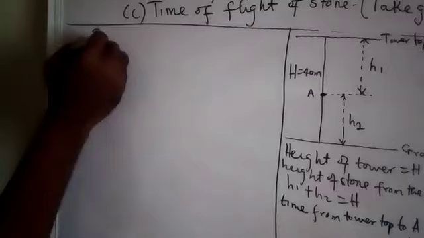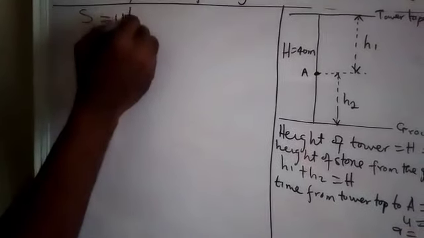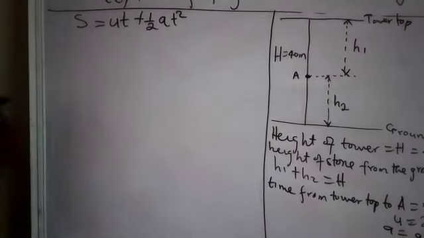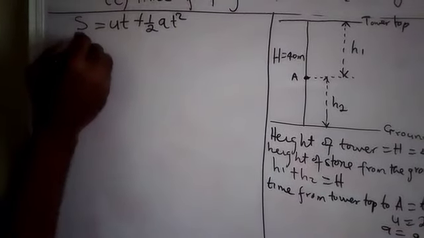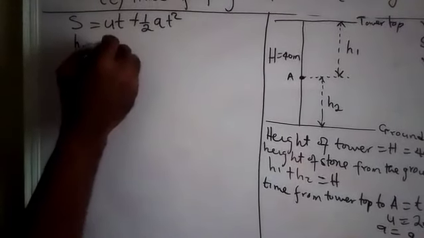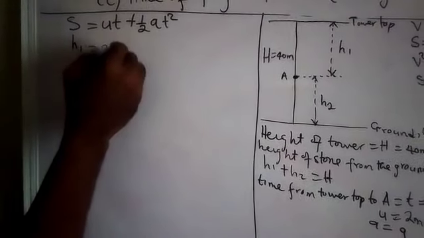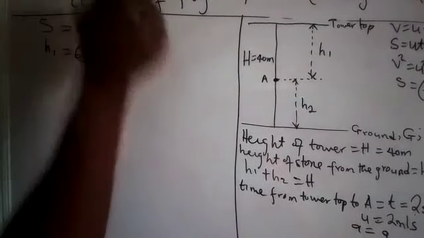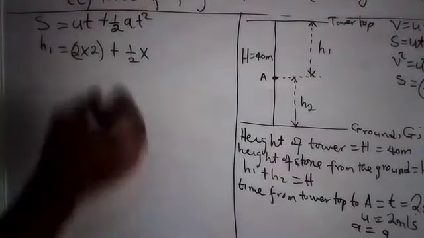So I'm going to say S equals ut plus half at squared. I'm going to change this S to H1, that's the height I'm calculating. So u is 2, the time was 2, plus half times g, which is a, and because it is moving in the same direction as gravity, we use plus 9.8 times 2 squared.